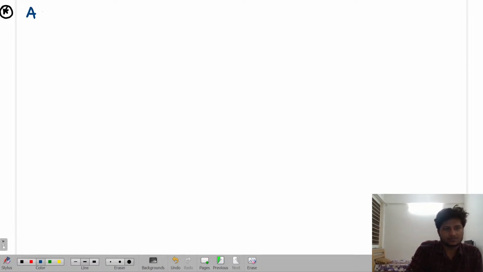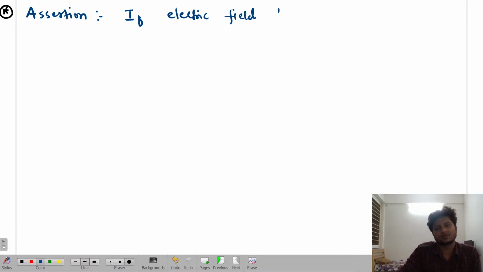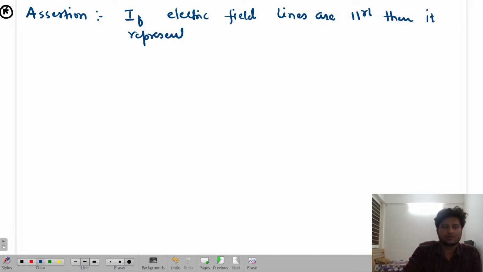If assertion: if electric field lines are parallel, then it represents uniform electric field.